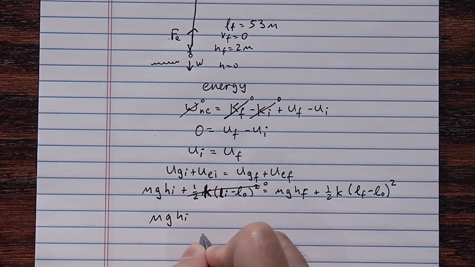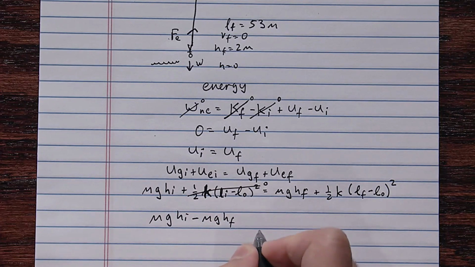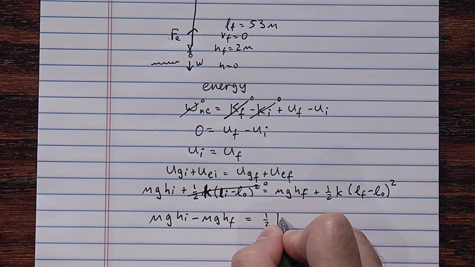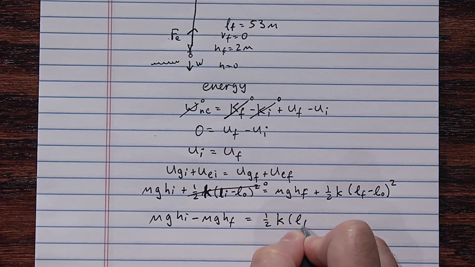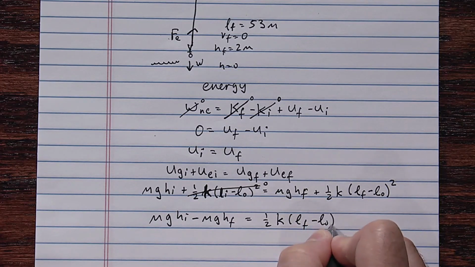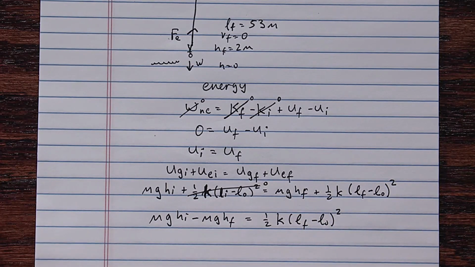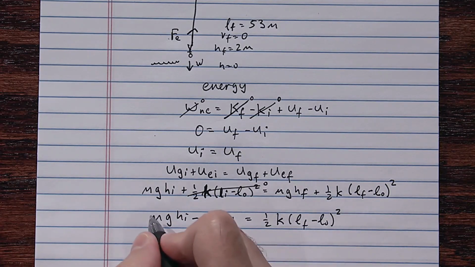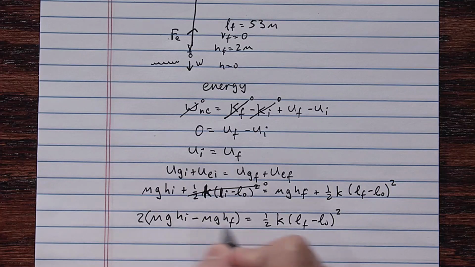mg height initial minus mg height final is equal to 1/2 K times the final length minus the unstretched length of the bungee cord squared. And I'll multiply both sides by 2 to get rid of that 1/2. And I'll divide both sides by length final minus length 0 squared.